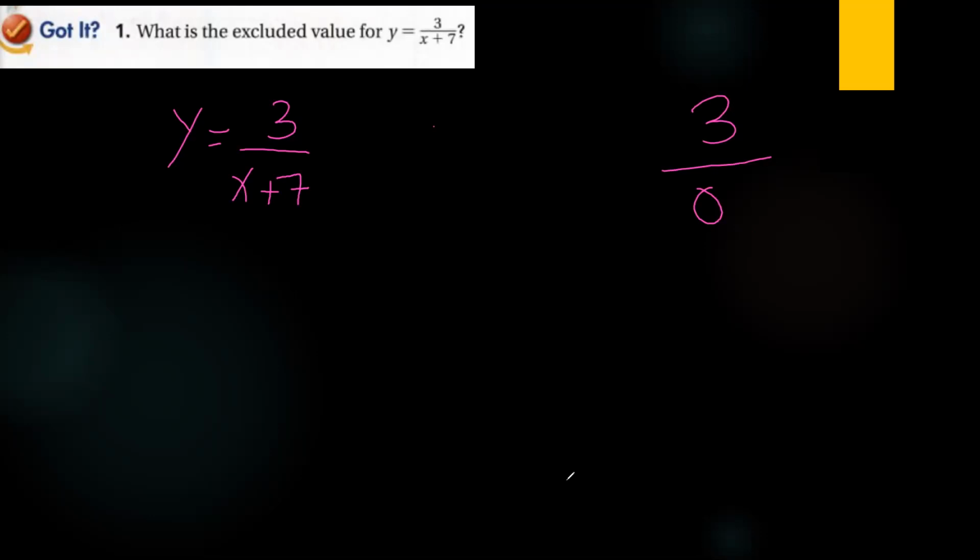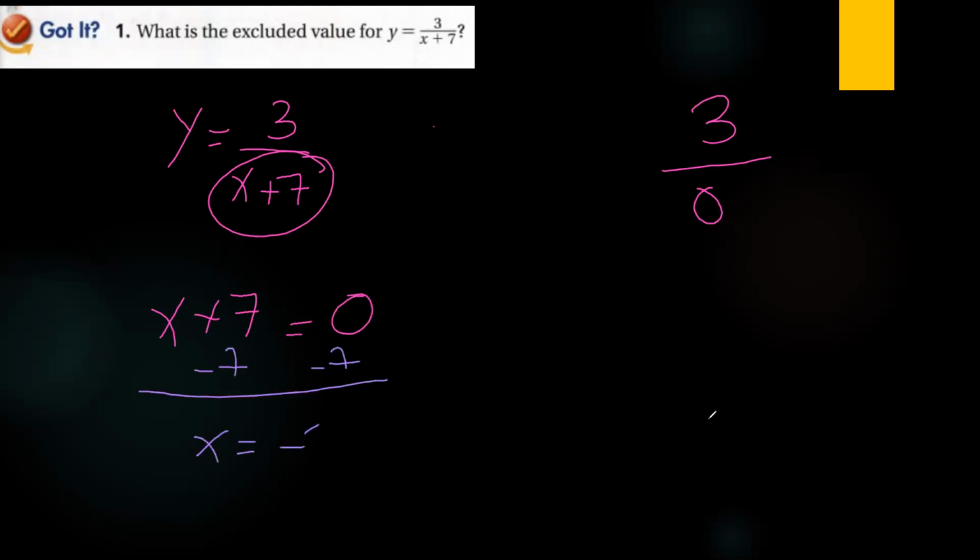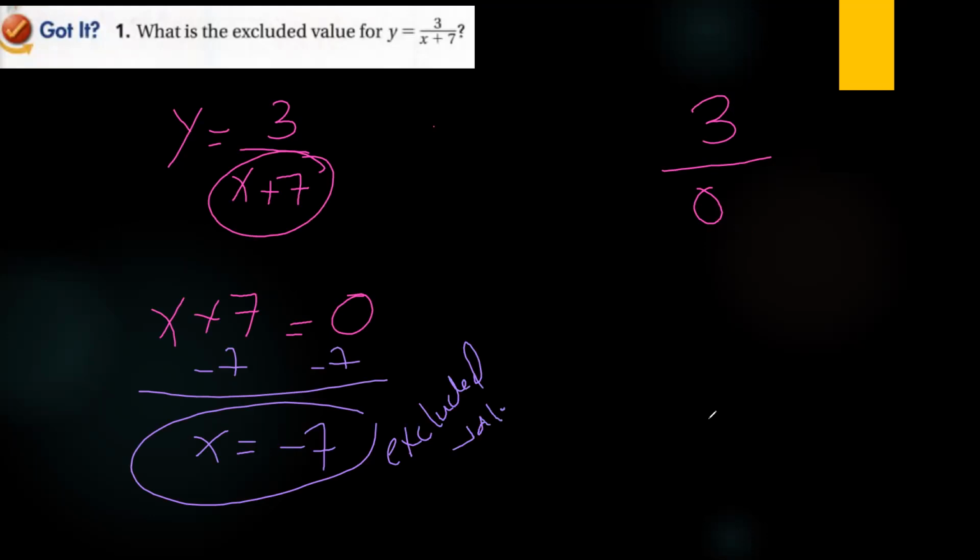What I have to do is bring the denominator and make it equal 0. So I find that at point -7, this is an excluded value. Really, if I try -7 plus 7, I get 0. So this is correct.